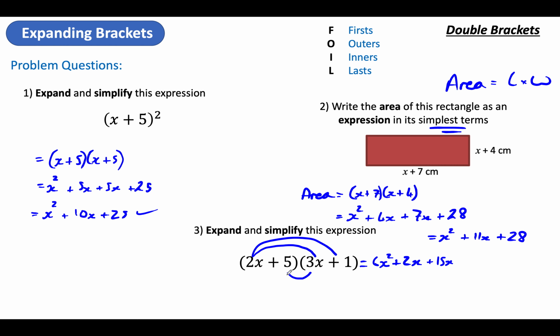And then 5 times by the 1 is 5. So I have got 6x squared plus, well, we've got 2x and 15x, which makes a total of 17x plus 5. Well, really well, genuinely well done if you got that right, okay?